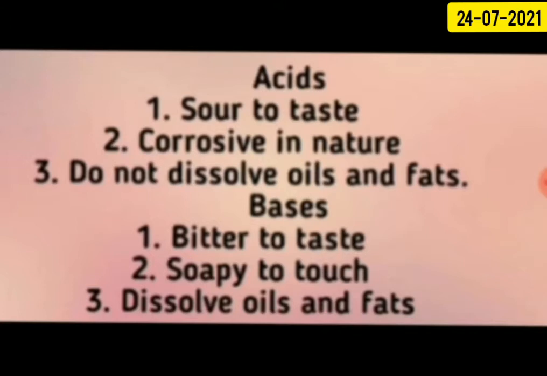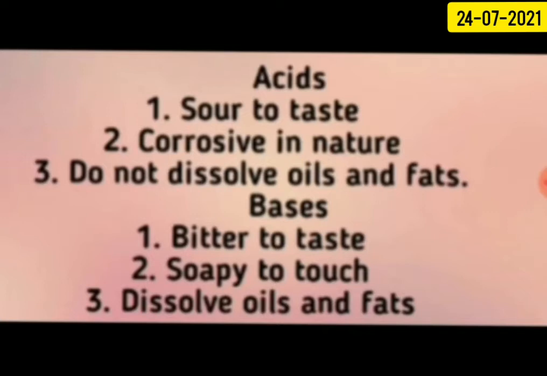Acids are very corrosive in nature. Highly concentrated acids cause damage to our skin, and highly concentrated bases also damage our skin.